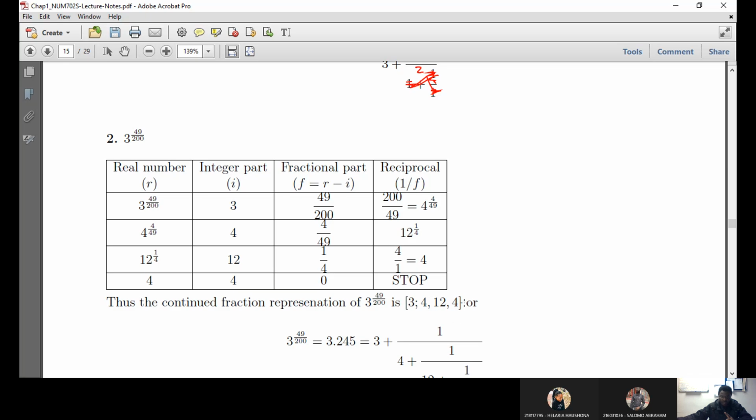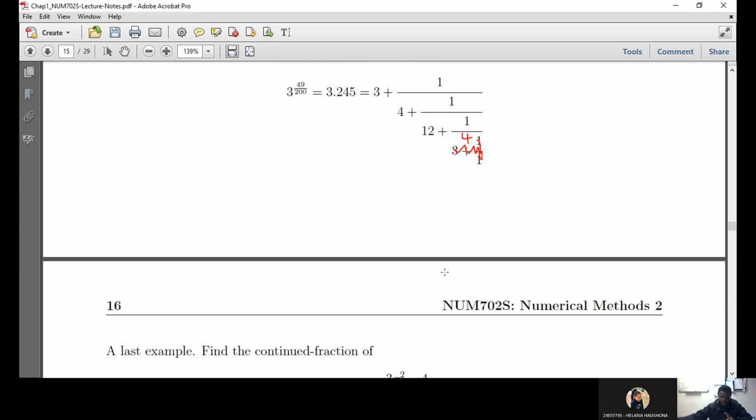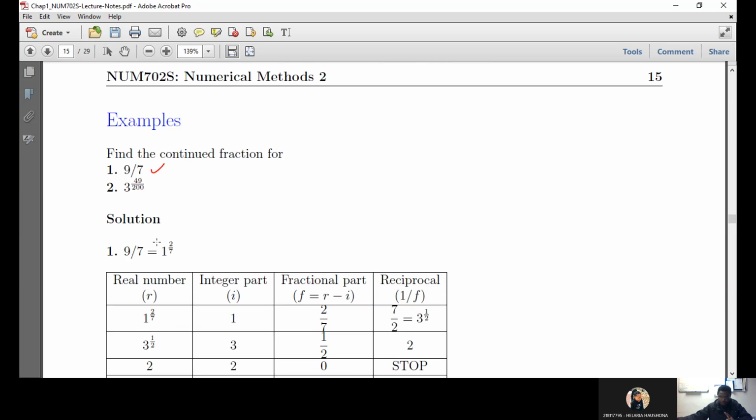So the last fraction will be 1 by A4, which here is 1 by 4. So you have all the terms, A0, A1, A2, A3, which is 4. So that is the continued fraction. Okay, so that is for continued fraction.